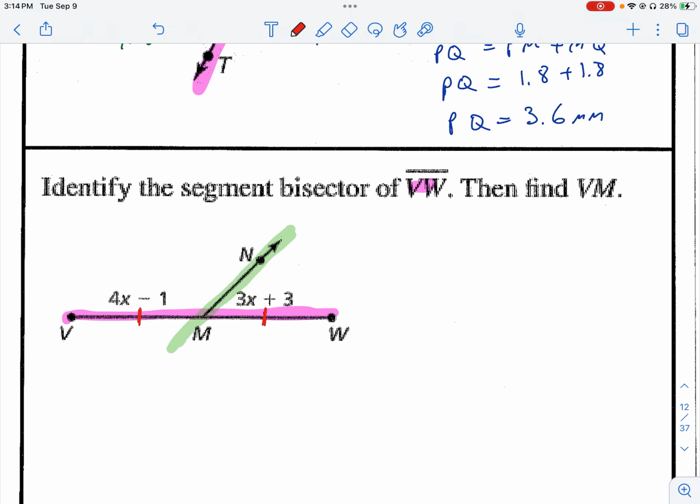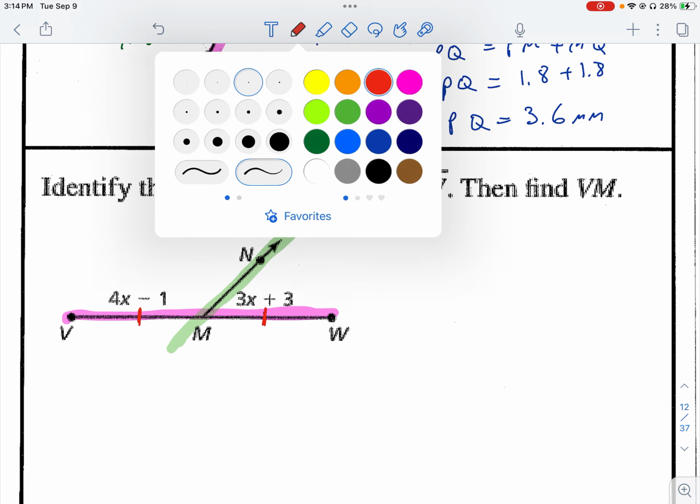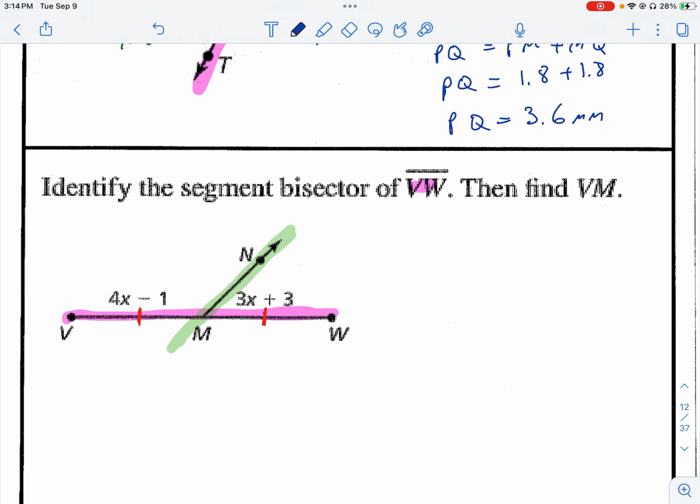We got our little dashes here, which tells us VM equals MW. So ray MT is the segment bisector of segment VW.